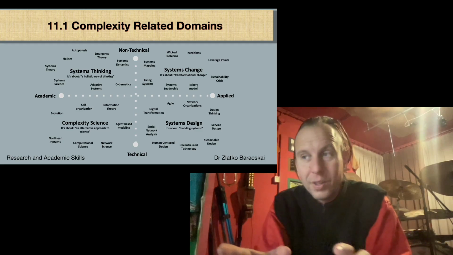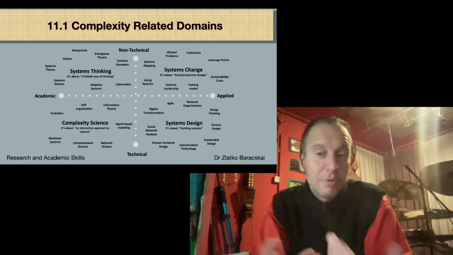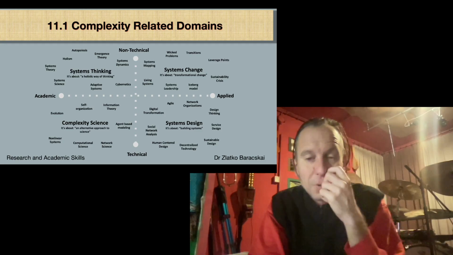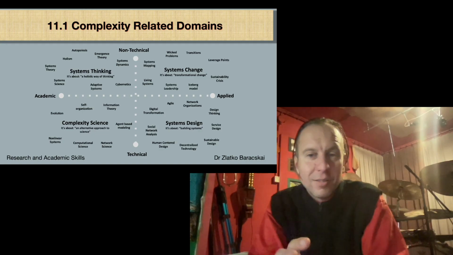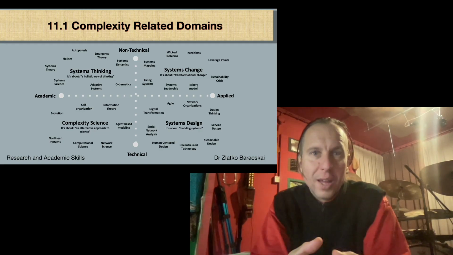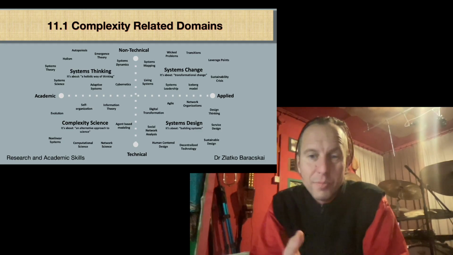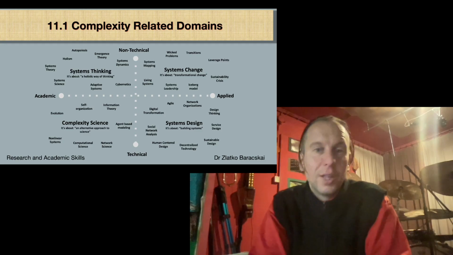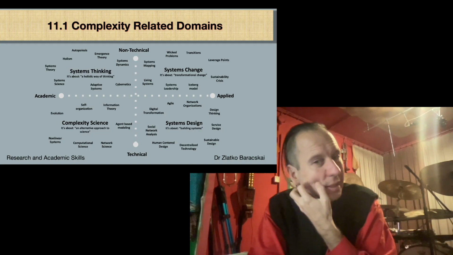But the point is that I expect the complexity to arise from the interaction of the members of the group. So in a way, it is a similar approach in that the system is not thoroughly designed, but is left to its own devices to adapt and to produce solutions. Okay.